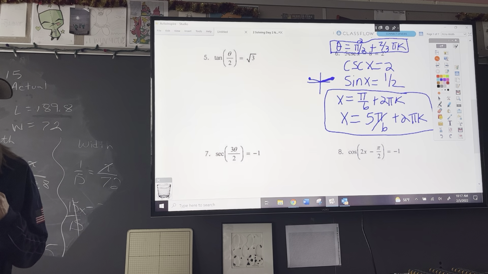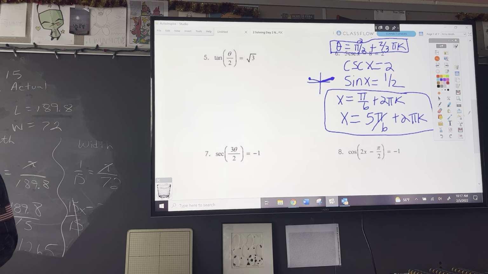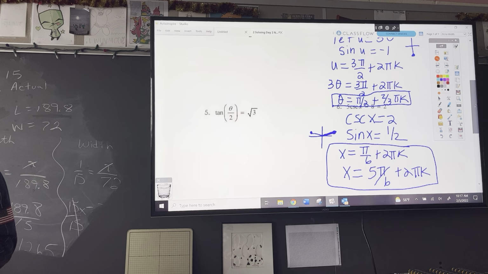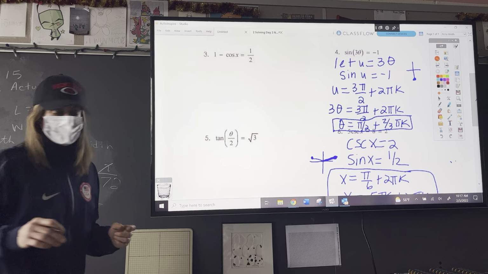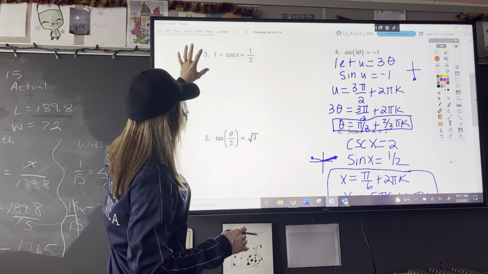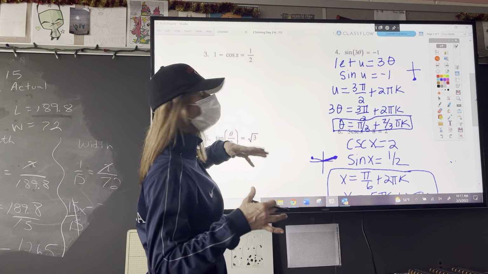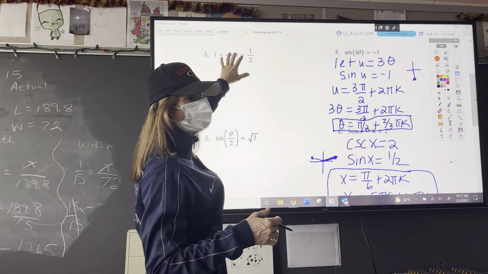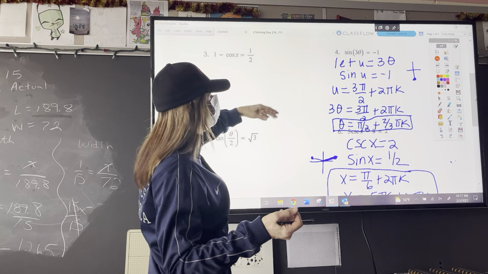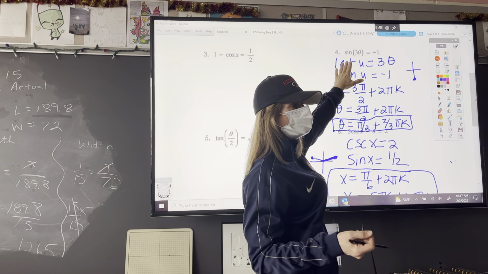Can you explain the beginning part again? So in each of these problems that we've done before this one, we had a very nice angle like x or theta. Here we have a 3 theta.